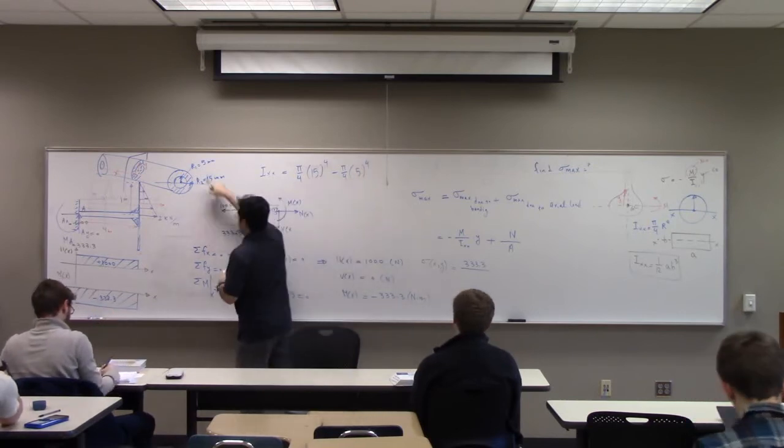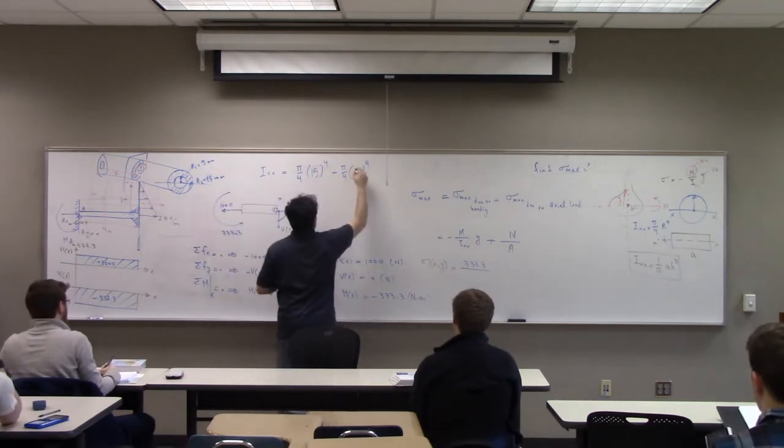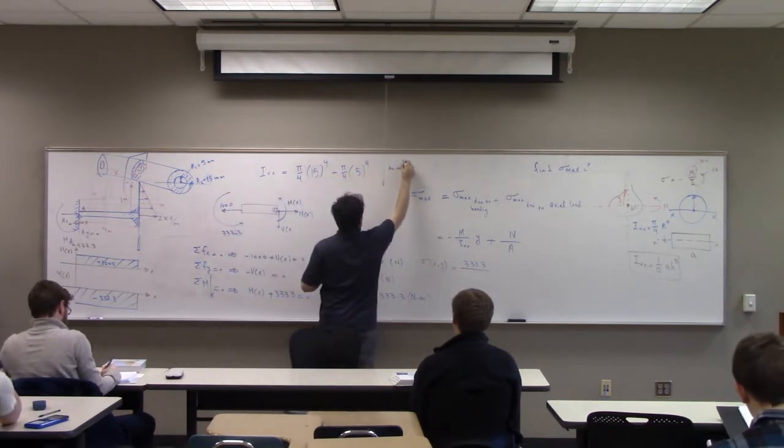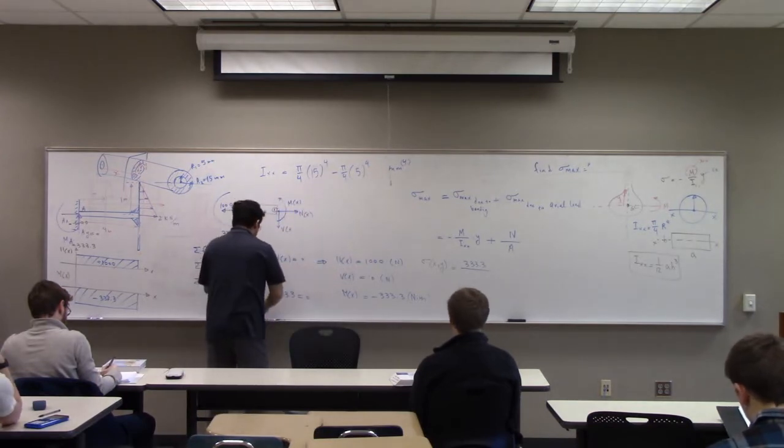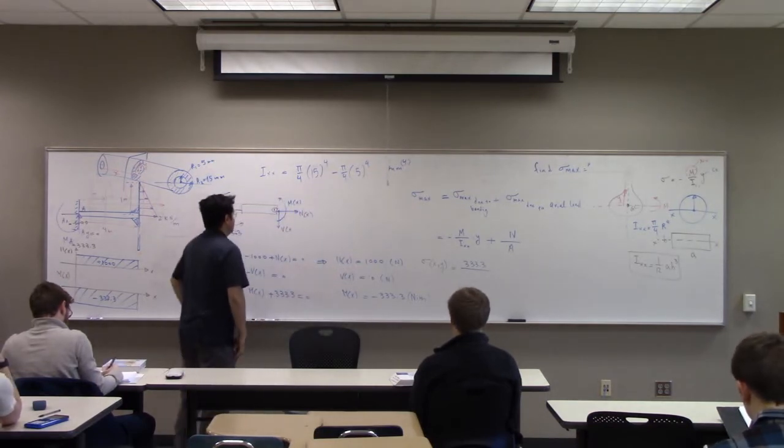Don't forget, what is the unit? Millimeters to the fourth power. So you have to at some point multiply by 10 to the negative 12. So put it in a calculator.